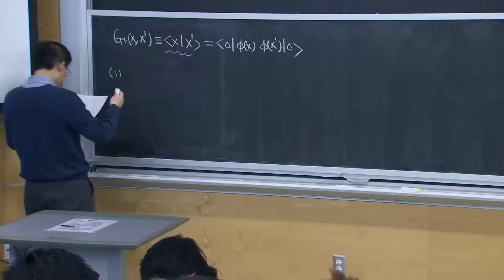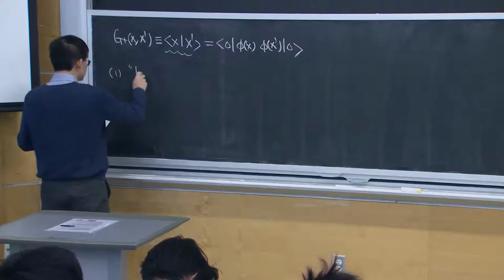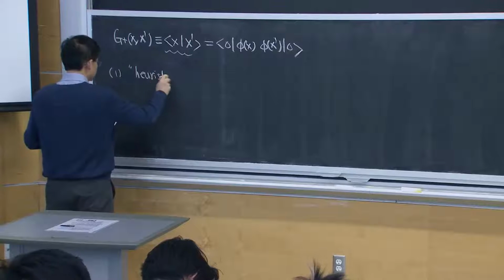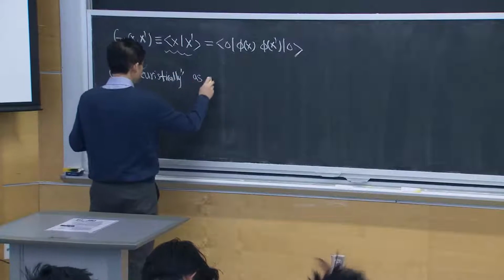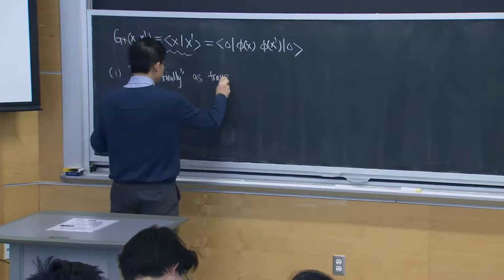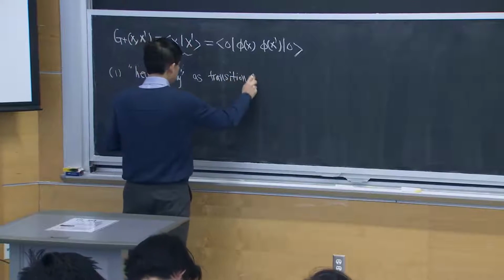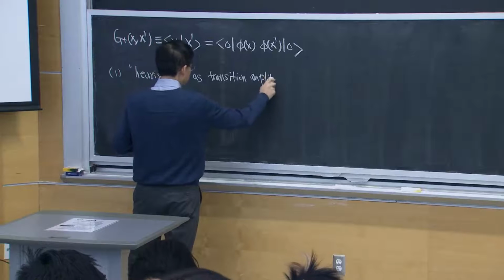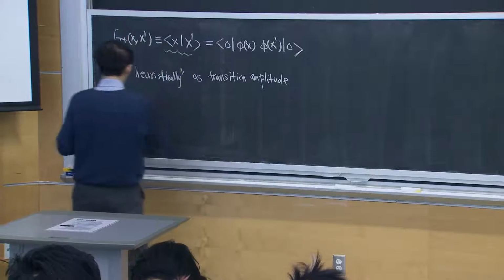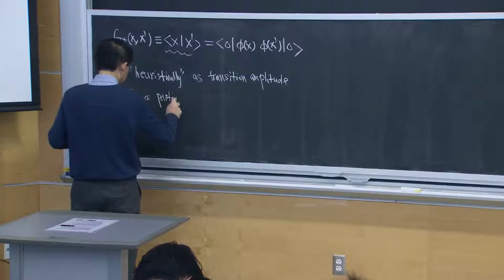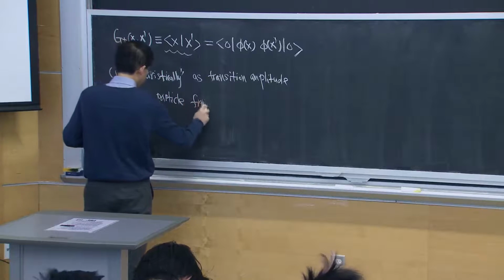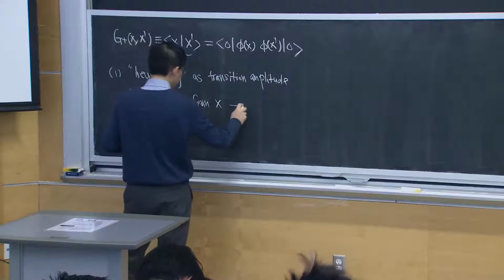So this can be heuristically interpreted as the transition amplitude for a particle from x to x prime.